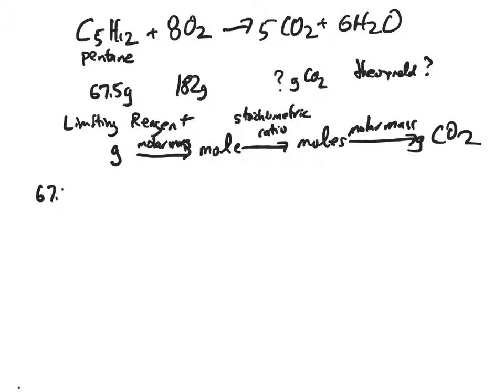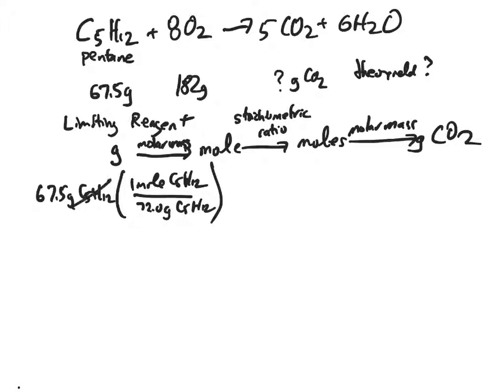So 67.5 grams of pentane, C5H12, 1 mole of C5H12 is the same as 72 grams of C5H12. Get that from the periodic table. Grams pentane divided by grams pentane cancels. And now we need our stoichiometric ratio of moles pentane to moles carbon dioxide.